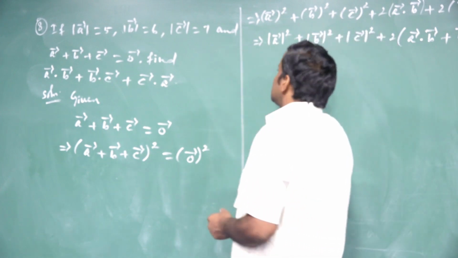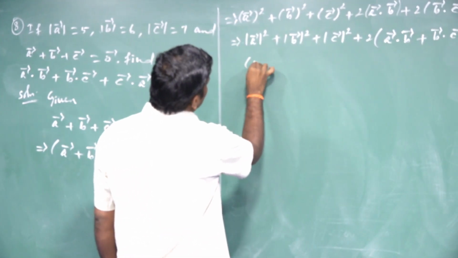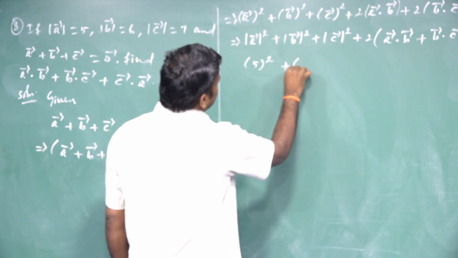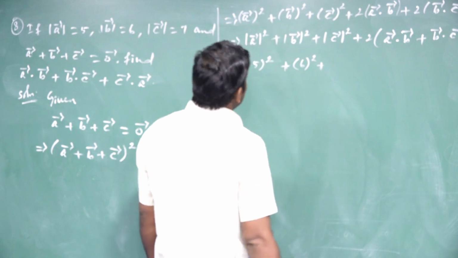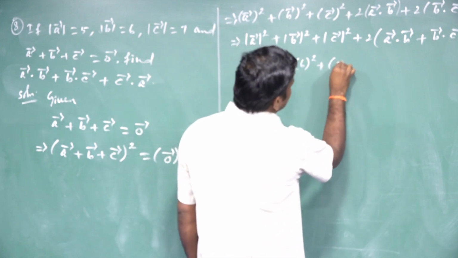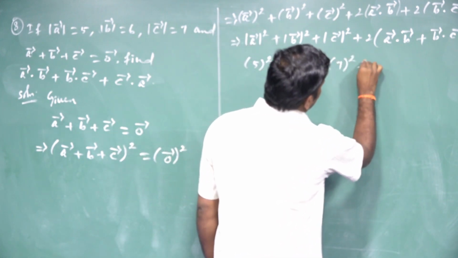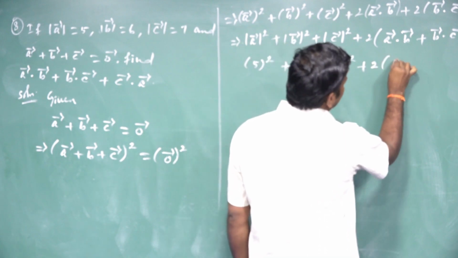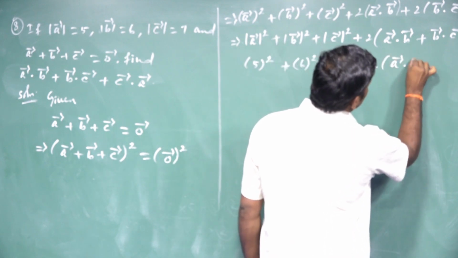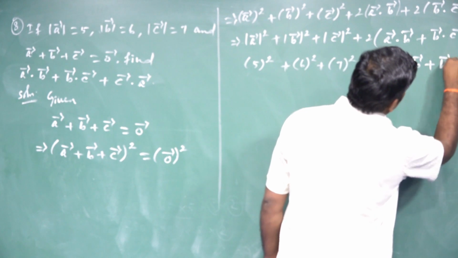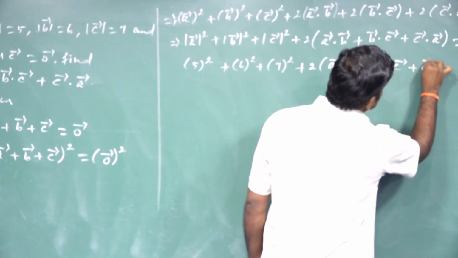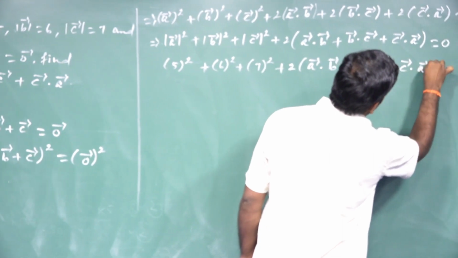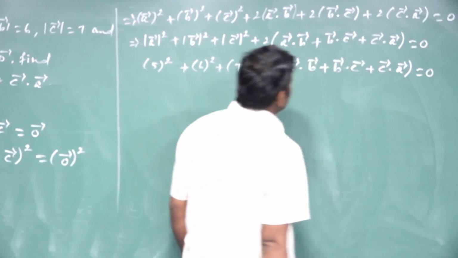So modulus A, the value of modulus A is 5, 5 square. Modulus B is 6, 6 square, plus modulus C is 7, 7 square, plus 2 of A dot B plus B dot C plus C dot A is equal to 0.